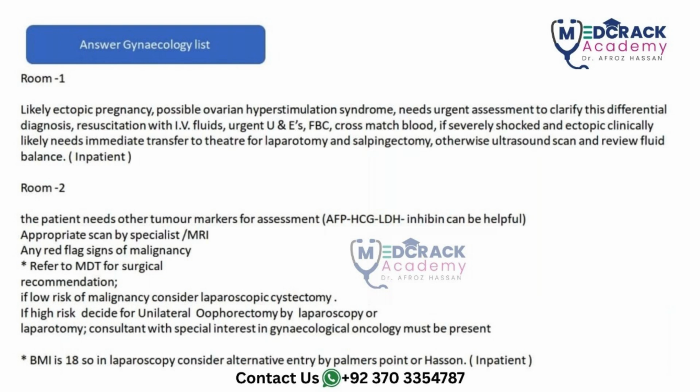So the patient needs other tumor markers because CA 125 is not appropriate in this age group. For the assessment, alpha fetoprotein, HCG, LDH, inhibin can be helpful. Appropriate scan by the specialist, MRI. Any red flag signs of malignancy? So I will read her case notes. Refer to the multidisciplinary team for surgical recommendation.